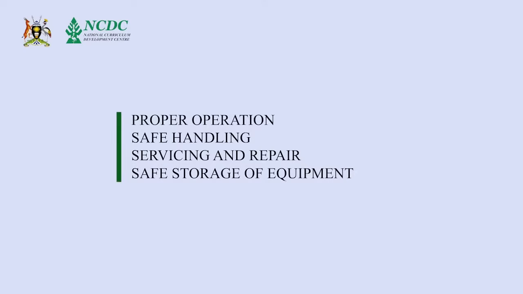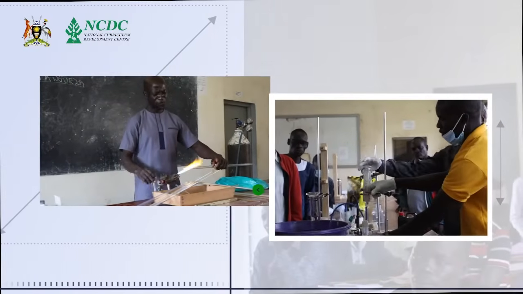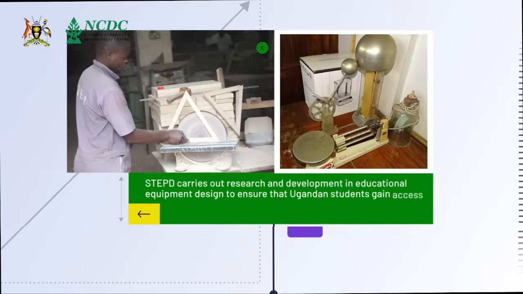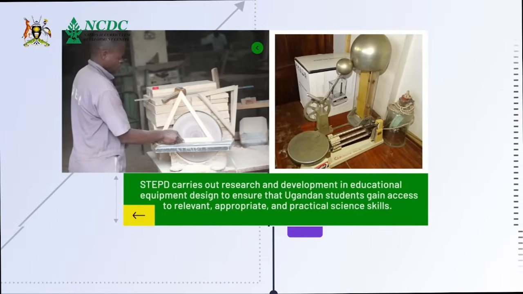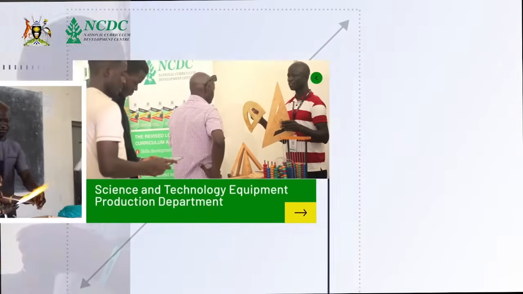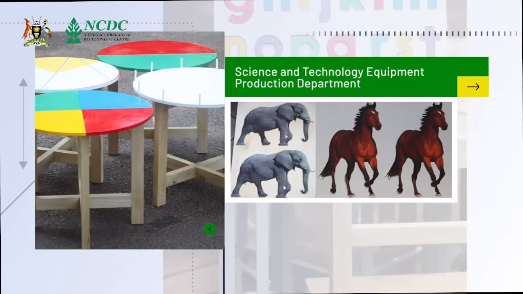They are trained in proper operation, safe handling, servicing and repair, and safe storage of equipment. Empowering teachers means empowering learners. STEPD carries out research and development in educational equipment design to ensure that Ugandan students gain access to relevant, appropriate, and practical science skills. Innovation begins with hands-on experience.